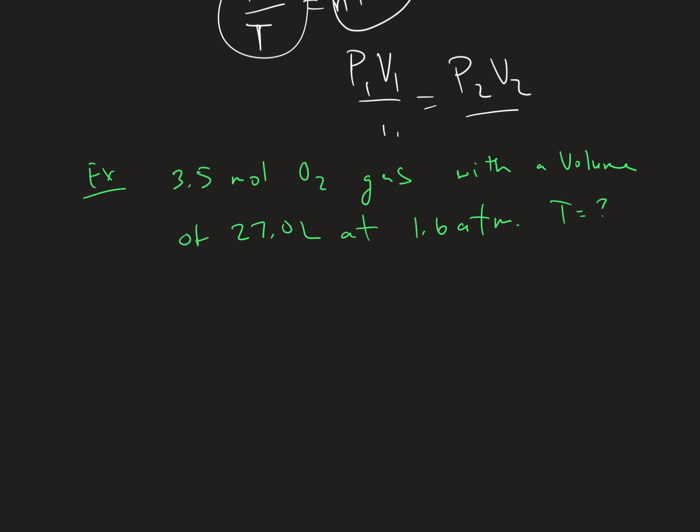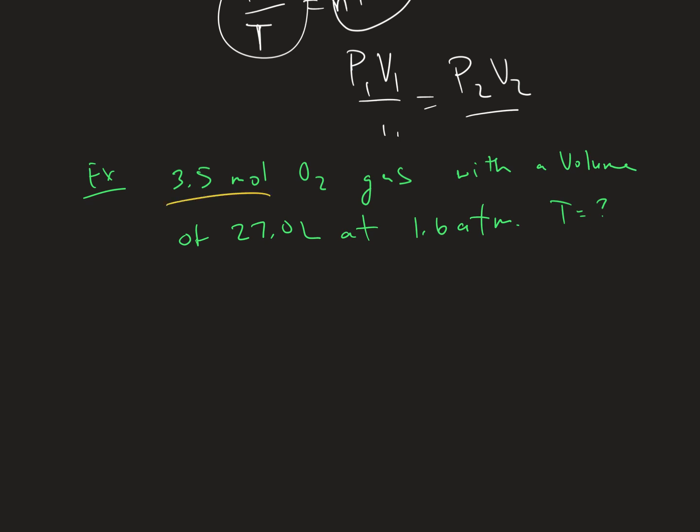But one key thing to help us know we use the ideal gas law here and not the other laws is that we don't have an initial case and a final case. We just have one case. So we're going to use the ideal gas law. Make sense? Okay?